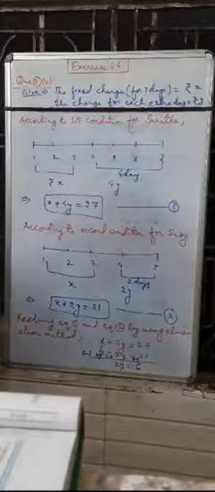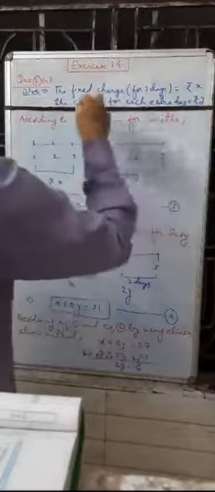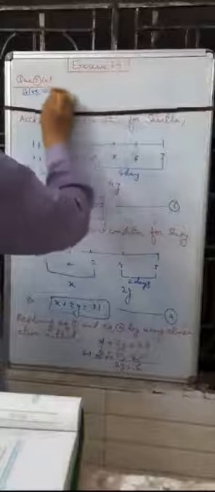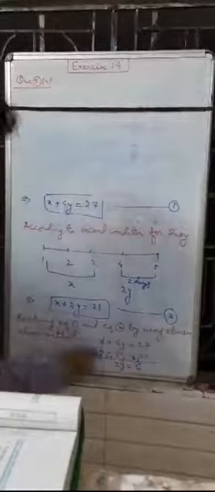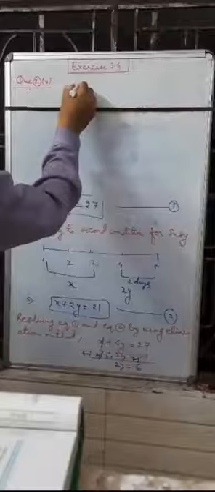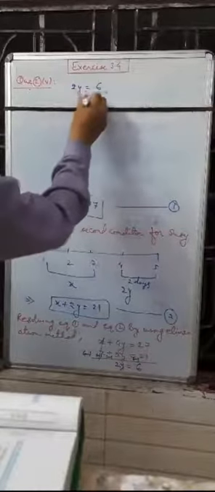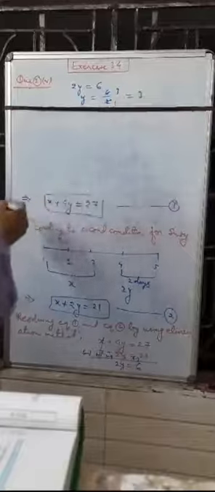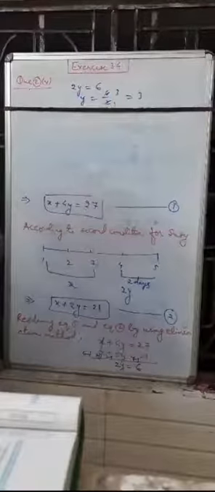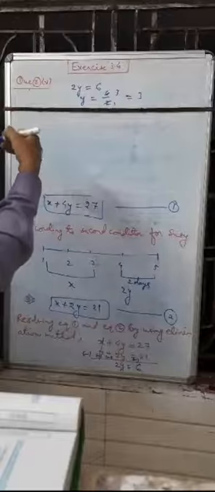Okay. Now after that we can find out the value of x also. So we got 2y is equal to 6. So y is equal to 6 by 2, 2 1 are 2, 2 3 are 6, it is 3. So y is equal to 3, the extra charges per day.